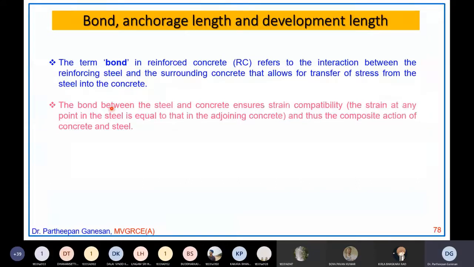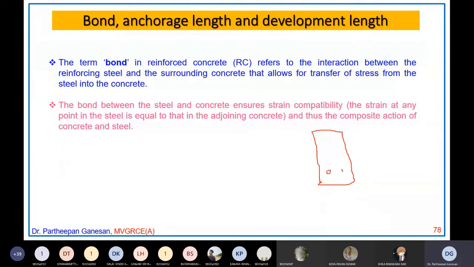Now, the bond between steel and concrete ensures strain compatibility. Sometimes they will ask, what is strain compatibility? Strain compatibility means the strain at any point in the steel is equal to the strain in the corresponding adjoining concrete. Because many times, if you want to find out the strain in the steel, remember, if you take a cross section of the beam, your reinforcement is embedded into the concrete.